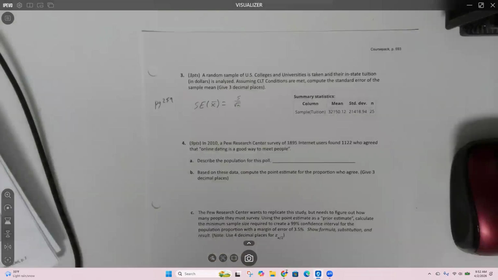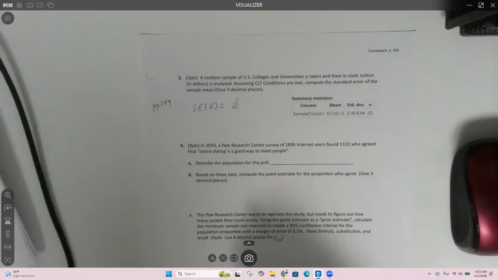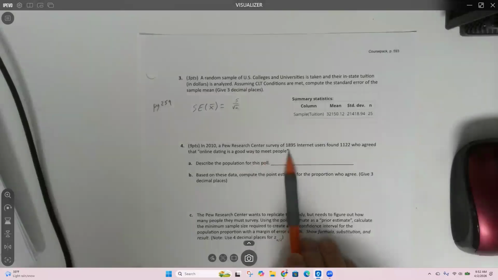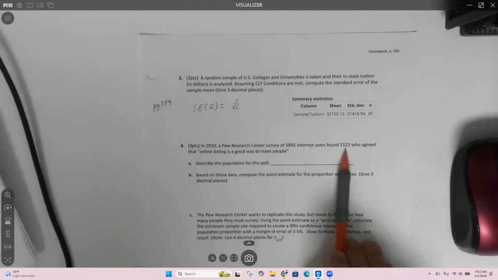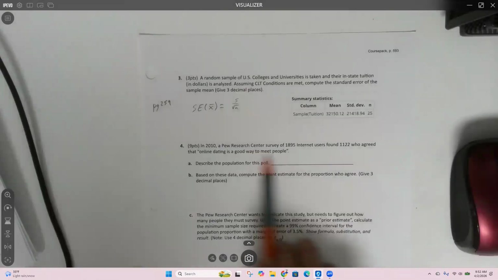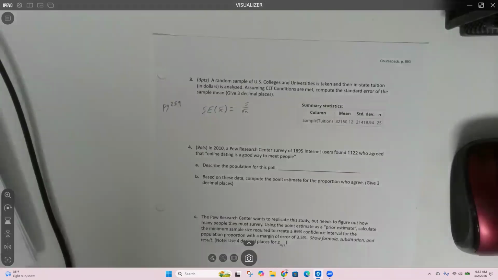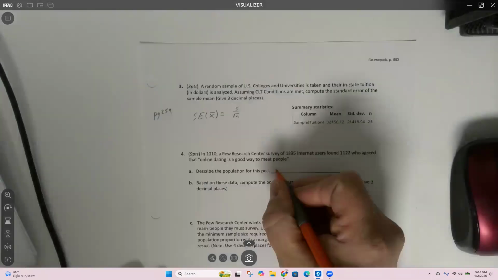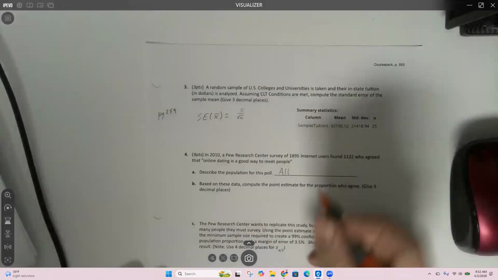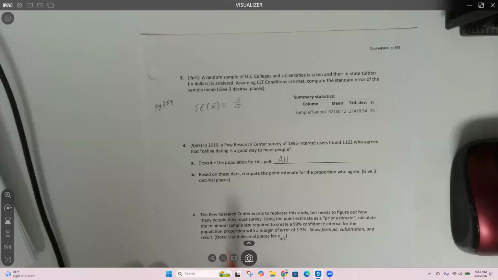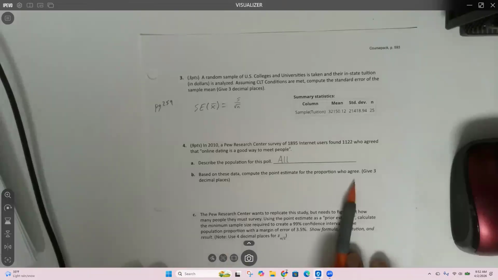All right. A Pew Research Center survey of a bunch of internet users found that 1,000 agree that online dating is a good way to meet people. Describe the population for the poll. Population is all something. Based on these data, compute the point estimate for the proportion who agree.